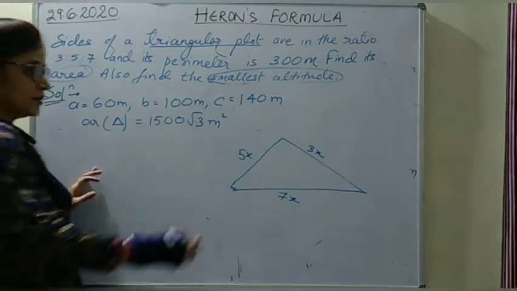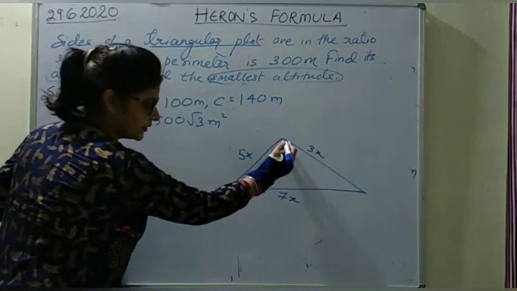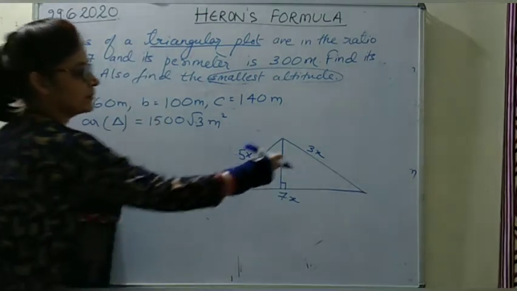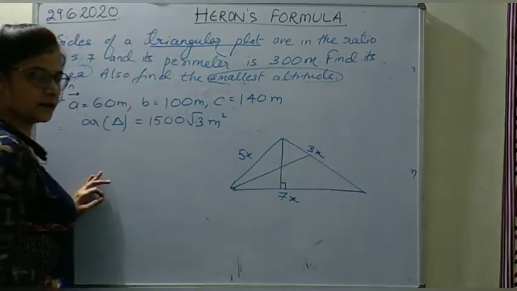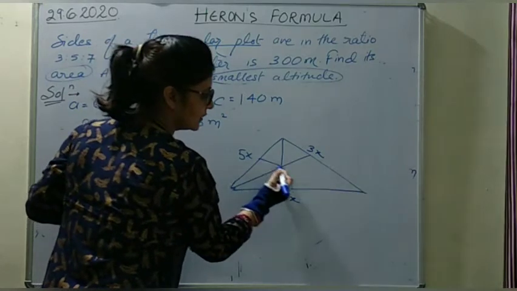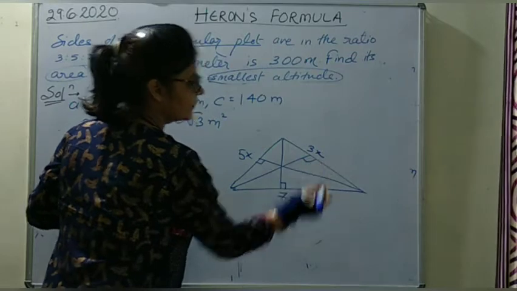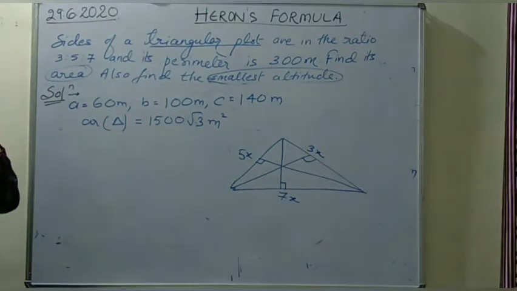Clear? So when we are taking 7x as the base, this will be the altitude. When you take 3x as the base, this will be the altitude, right? And when you take 5x as the base, from this vertex this will be the altitude. Is it clear? So how many altitudes do we have? We have 3 altitudes.